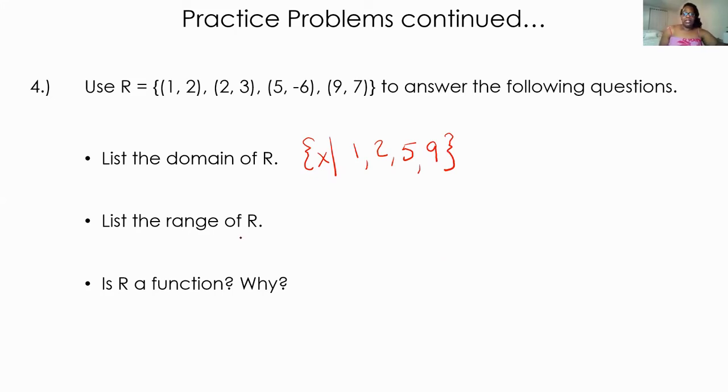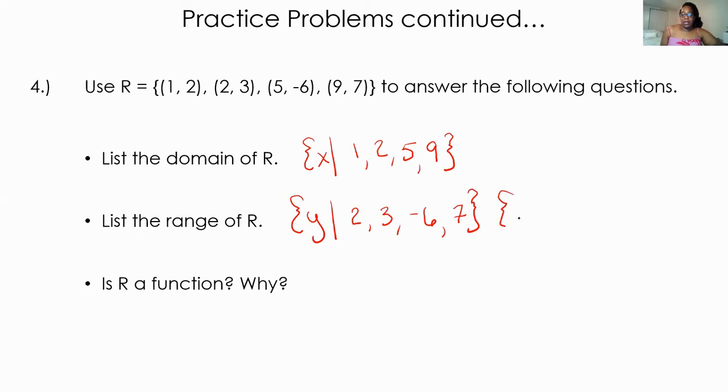So now list the range. It's going to be the set of my y's such that, and I list all my y's. So we got 2, we got 3, we got negative 6, and we got 7. But didn't you tell us we had to put it in numerical order? All right, let's do it.